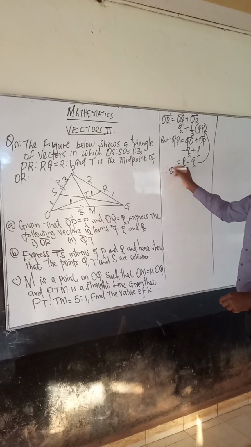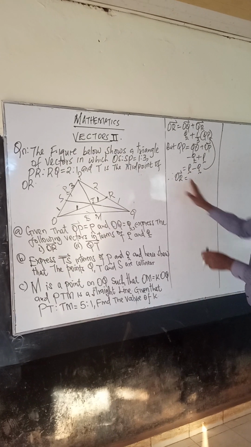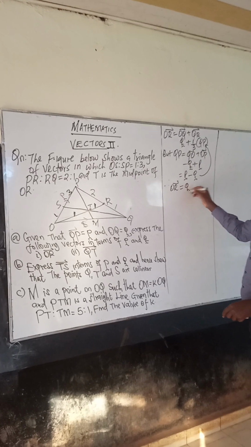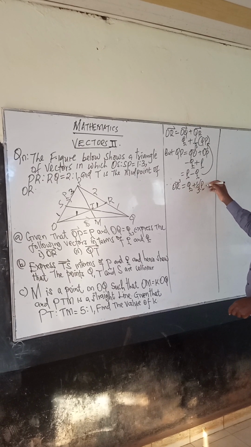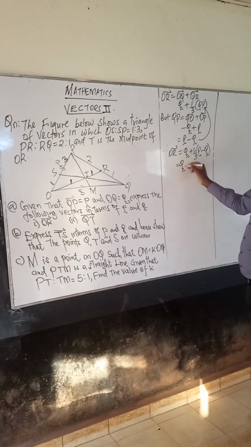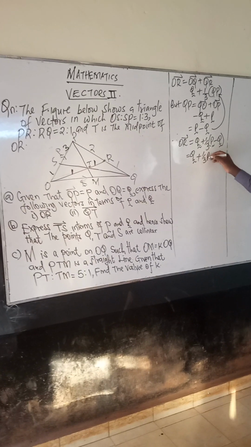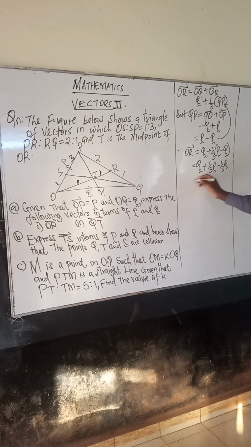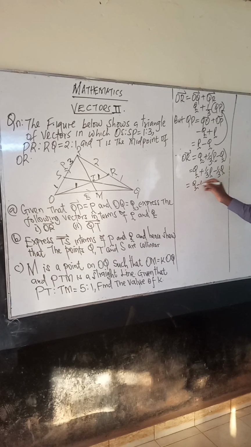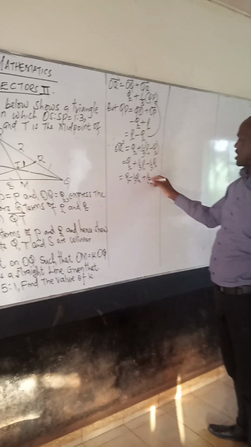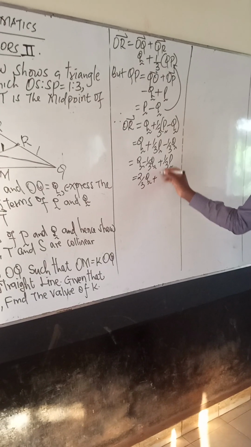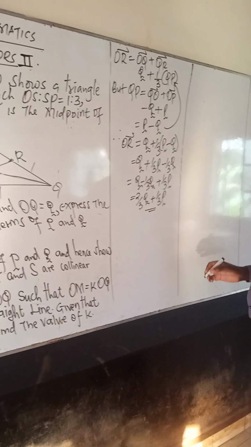So vector OR will be Q plus a third of P minus Q. If we open these brackets, we will have vector Q plus a third P minus a third Q. So like terms together: Q minus a third Q is 2 over 3 Q, plus 1 over 3 P. So this is vector OR.